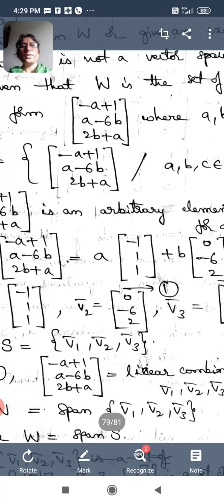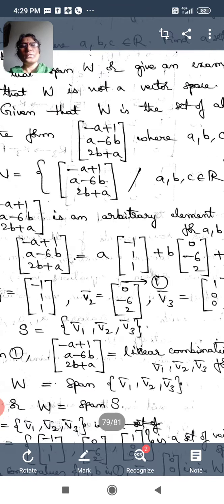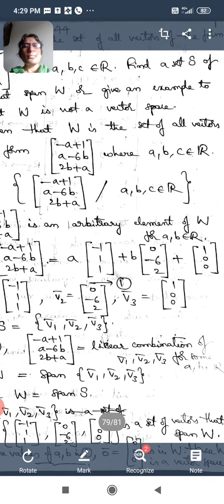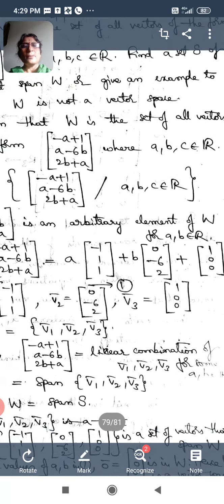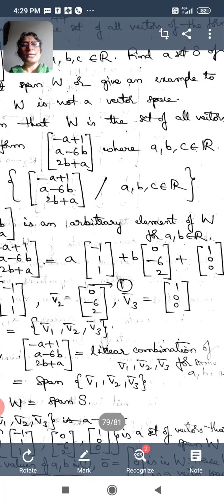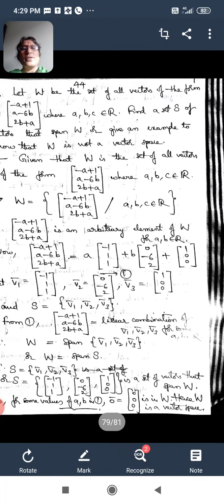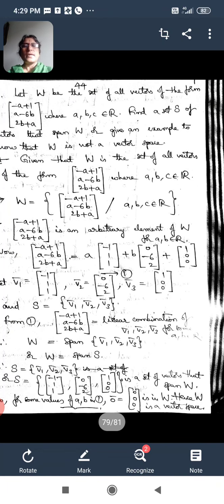So it cannot be taken in the scalar multiple of a or of b. That should be represented in a separate column vector as 1, 0, 0, and it has no scalar multiple seen there. So this is the equation I have taken, represented as 1.